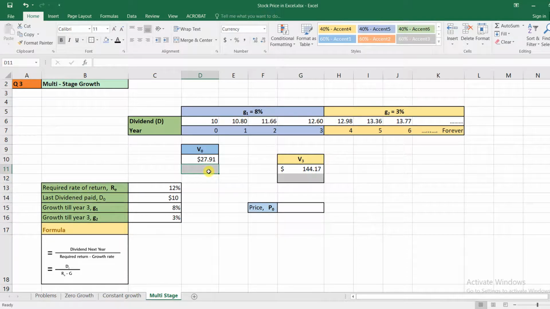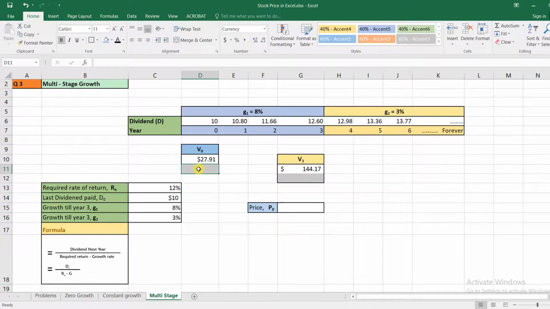Alright, one last thing, whenever we are working with cash flows in Excel, we need to tell Excel what are our cash inflows and what are our cash outflows. In this case, this $27.91 cash flow is actually a cash outflow, because we will be paying this much amount of money to buy the stock, whereas these dividend payments are cash inflows because we'll get them.